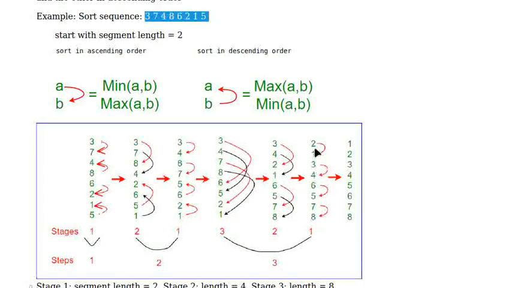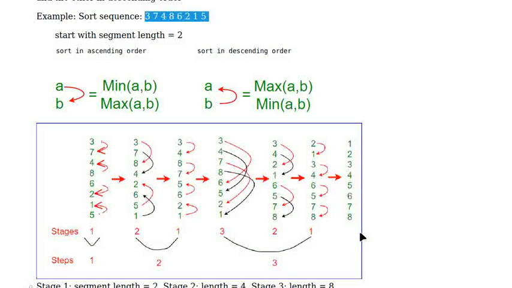Now the segment length is halved again, becomes 2. So 2, 1, we sort it, all these are sorted in ascending order. So it becomes 1, 2, 3, 4 becomes 3, 4, 6, 5 becomes 5, 6, 7, 8 becomes 7, 8. So we get a sorted sequence.